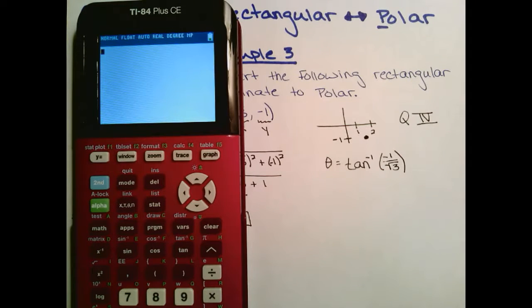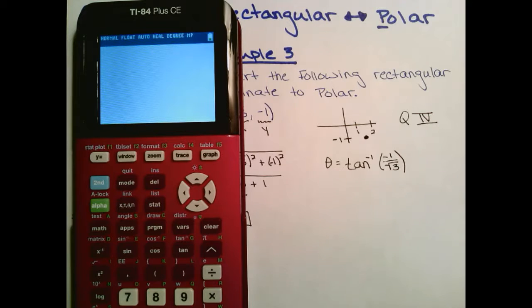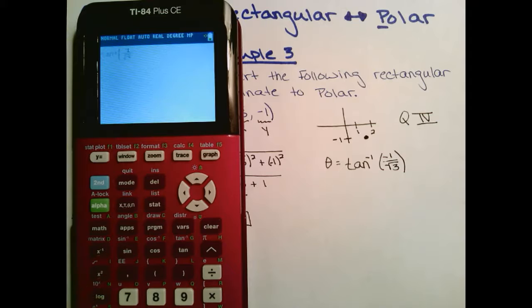So I'm just going to type in, I'm in degree mode because I want to know what the degree value is. I'm going to do second tangent to get that inverse, and then alpha y equals to get that fraction, and I'm going to say negative 1 over square root of 3.